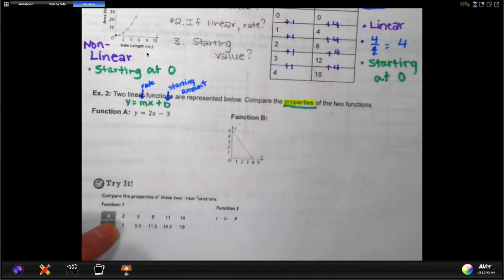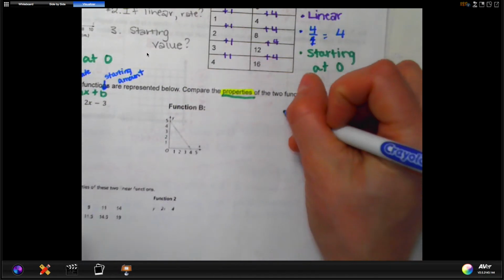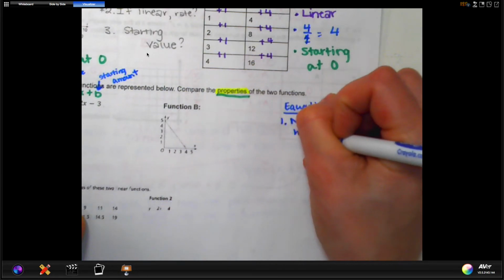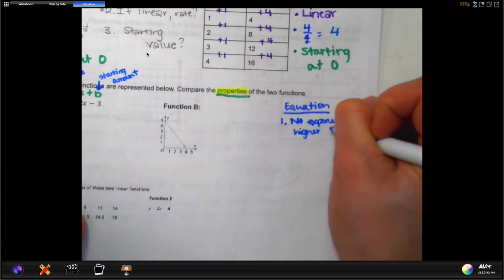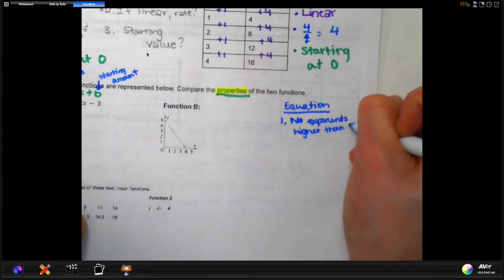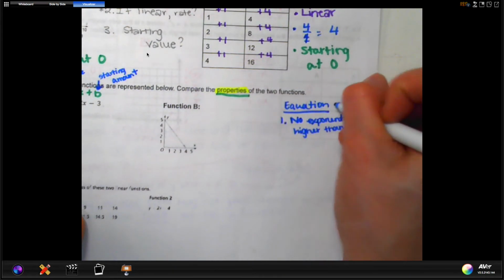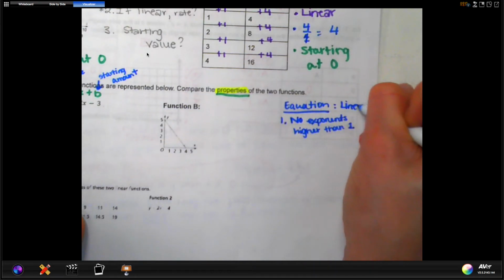maybe we should write this down over here. So let's write a note, okay? So in an equation, if it's linear, it can have no exponents higher than 1. So technically, everything has an exponent on it that is 1. For an equation to be linear, I should write.